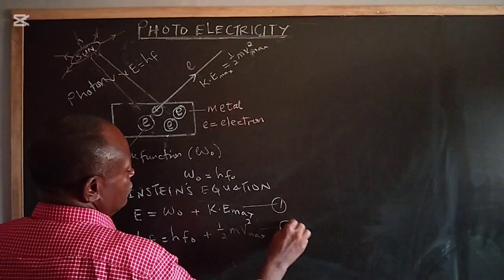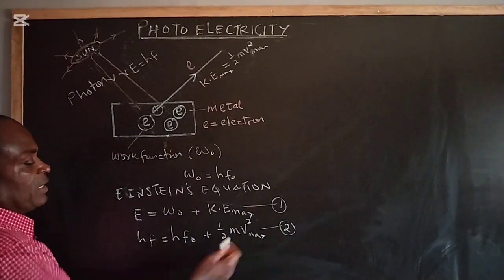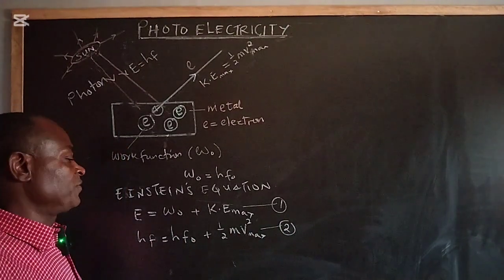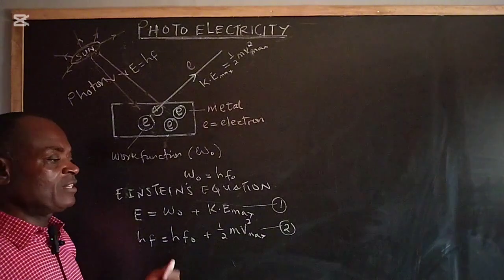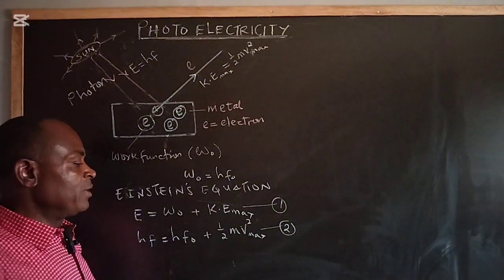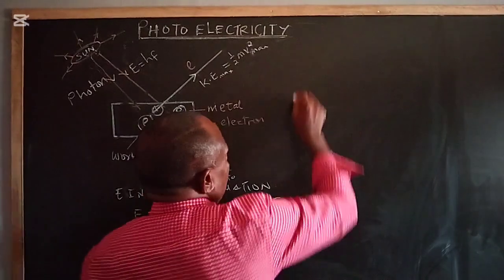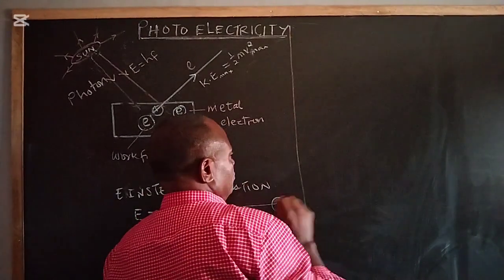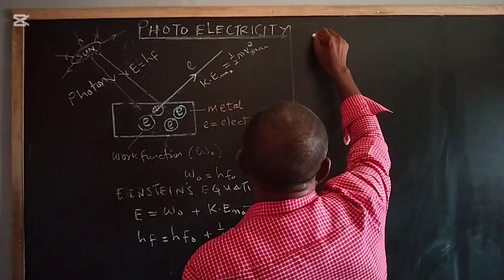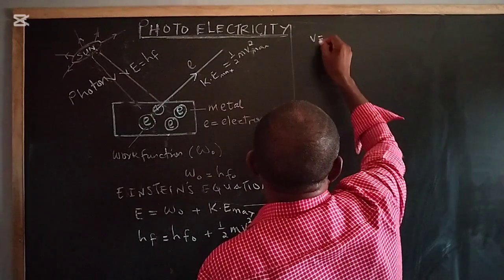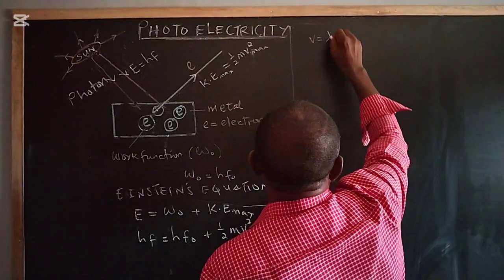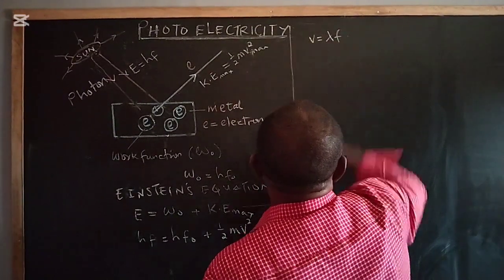So this involves frequency, and then the mass of the electron and velocity of the electron. This is the second step equation. And we know that the velocity of any wave is the wavelength times the frequency of the wave.